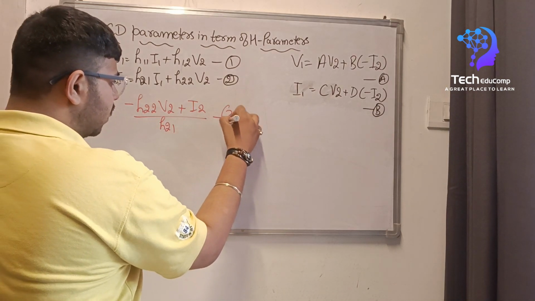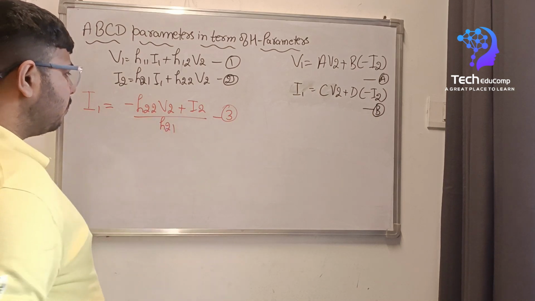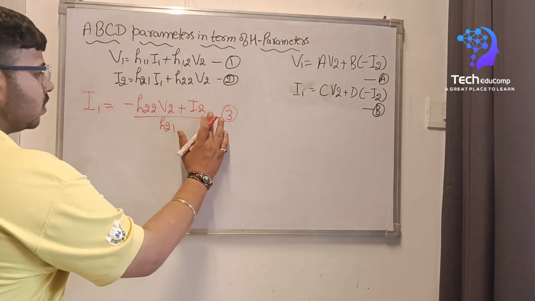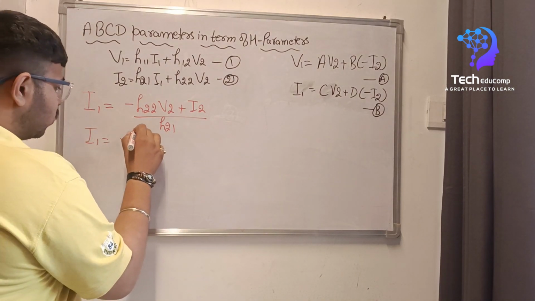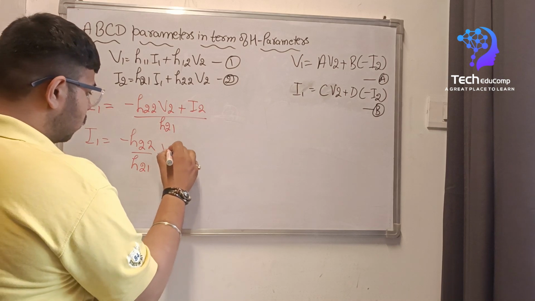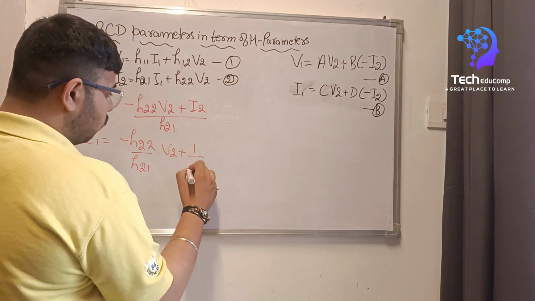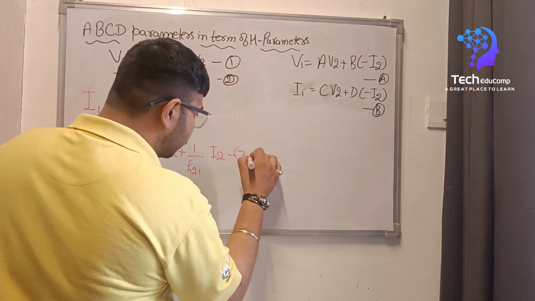Then when we simplify it, I1 will be equal to minus H22 upon H21 into V2 plus 1 by H21 into I2. This is equation number 3.